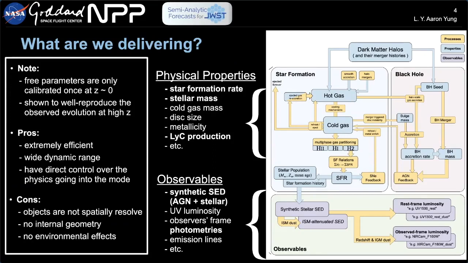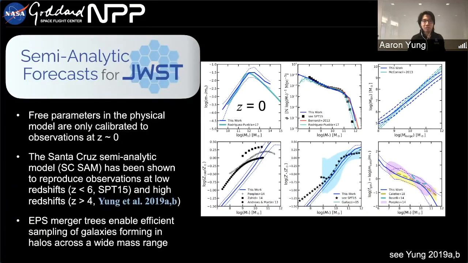But you can also see in the bottom that based on the star formation history, we forward model those into the synthetic spectra, and then the photometry, both rest frame and observed frame. So we'll be able to find all of these predicted physical properties and the observable properties in the CEERS mock catalog. I would like to tell you more about the physical model itself.